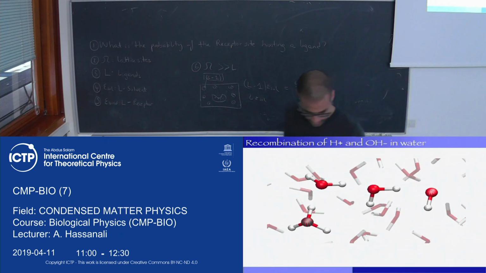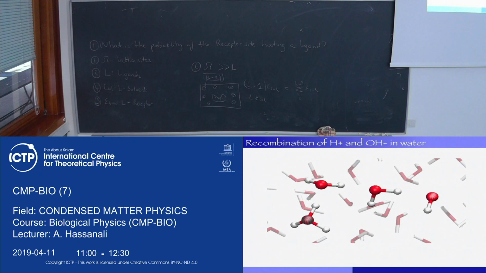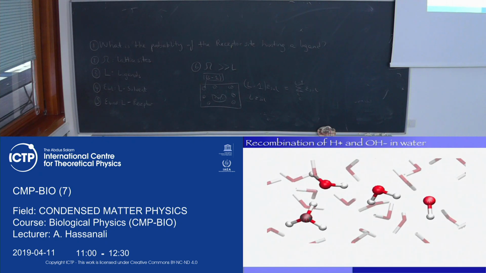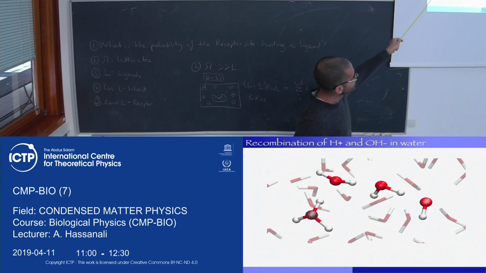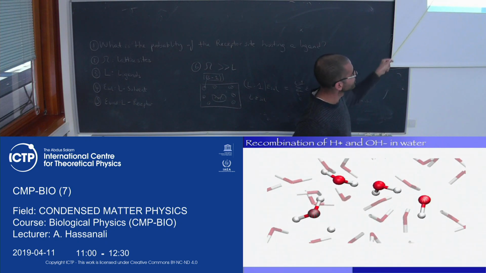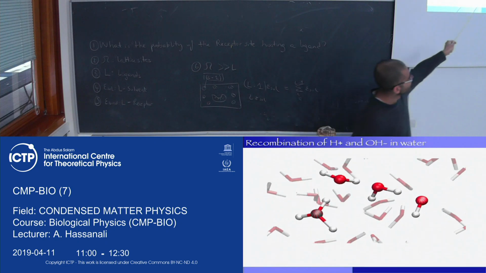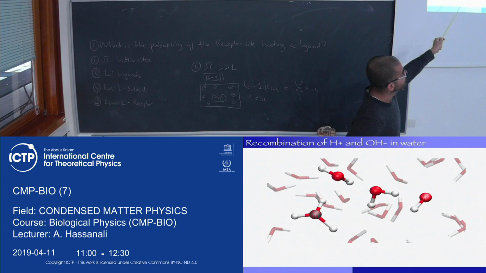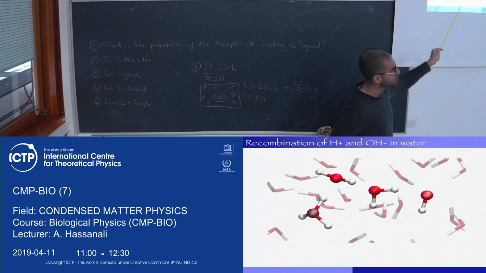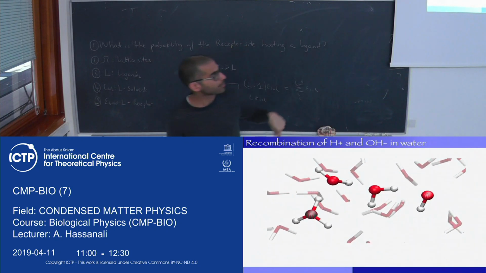So, this is a movie of a proton and a hydroxide ion. This is the proton, oxygen, hydrogen, hydrogen, or 3 protons. This is OH minus, and these are water molecules. And now you're going to see some interesting things happen.